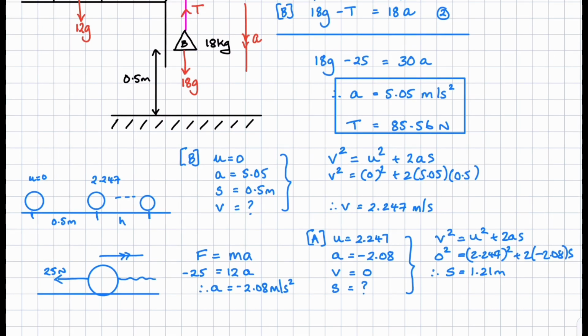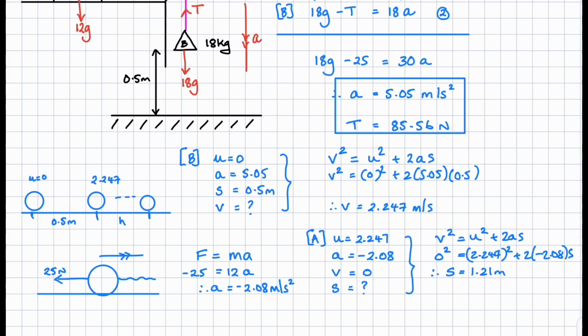So what is the overall distance travelled by particle A? We're going to go back to this diagram over here. Particle A travelled 0.5 meters. At this point, particle B has hit the floor. Particle A will continue to move towards the right, but slow down until it comes to rest, and it has now covered a distance of 1.21 meters.